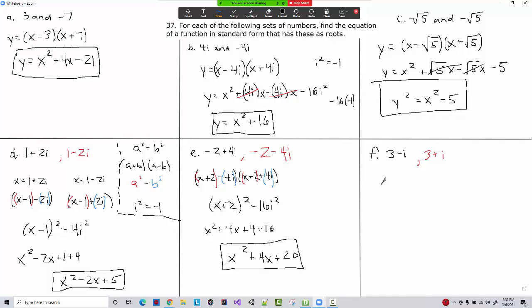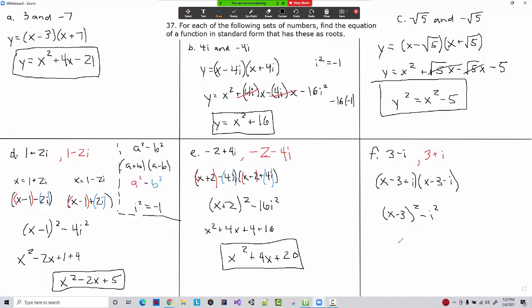Same thing, we're going to do x, and we're just going to move everything over. So it's going to be x minus 3 plus i as one of our roots. And then we're going to have x, move everything over, minus 3 minus i as our other root. We see that we have x minus 3 as our a. So this would be x minus 3 squared minus i squared.